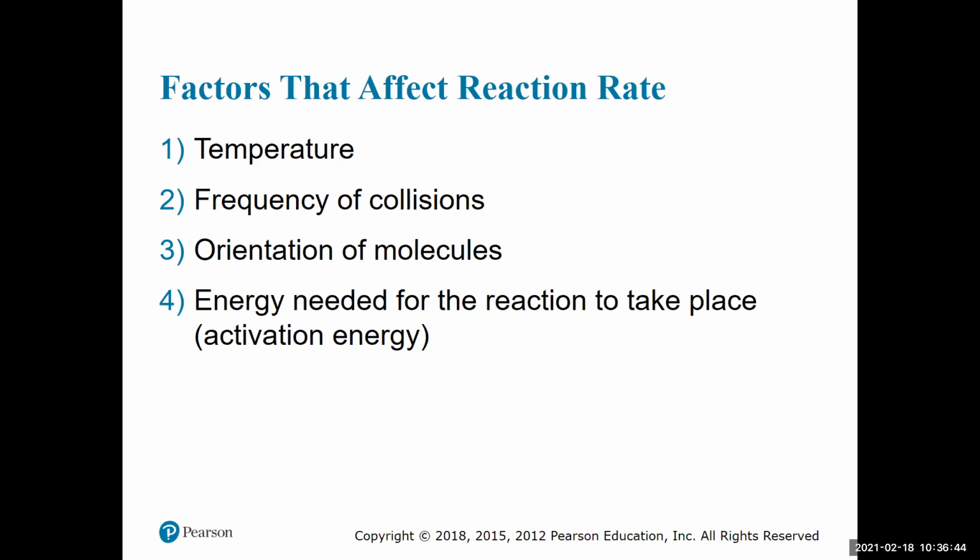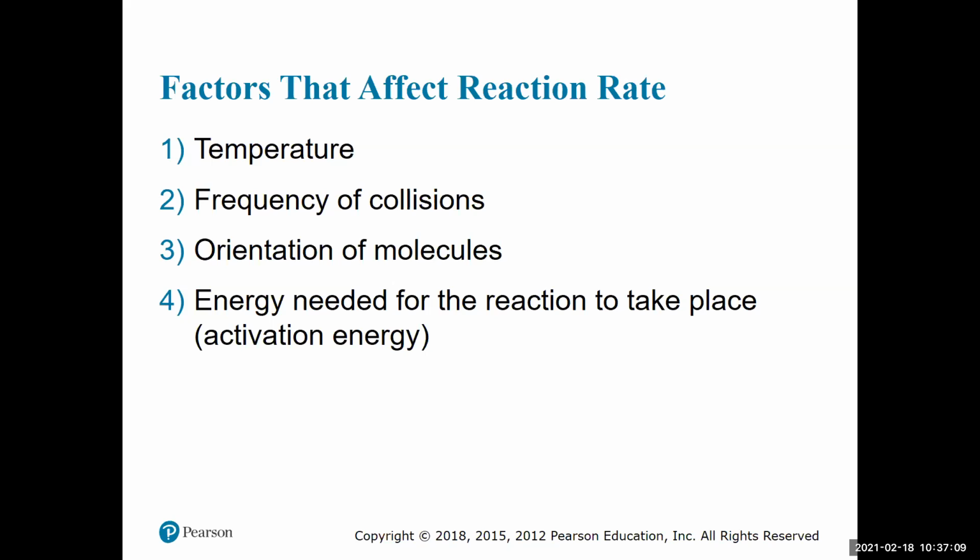Another is orientation of molecules. In order for molecules to react, they have to collide, and they have to collide in the right spots. In a reaction you're breaking bonds and forming bonds, so you have to break the correct bonds and form the correct bonds, or else the reaction doesn't go the way you want it to.